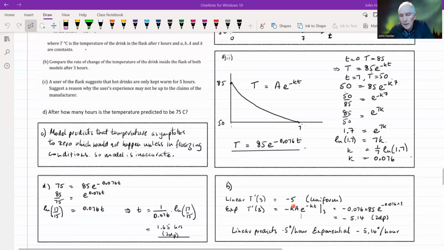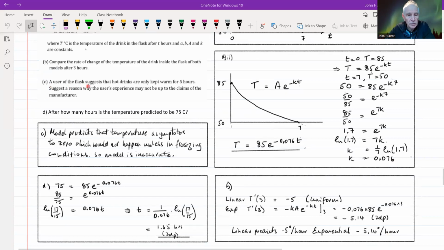We then evaluate that at t equals 3, and that works through to minus 5.14 to 2 decimal places. So the linear is predicting minus 5 degrees per hour, and the exponential minus 5.14 degrees per hour. Actually quite close, but I wouldn't say that the linear model has as much merit as the exponential one for this sort of thing.